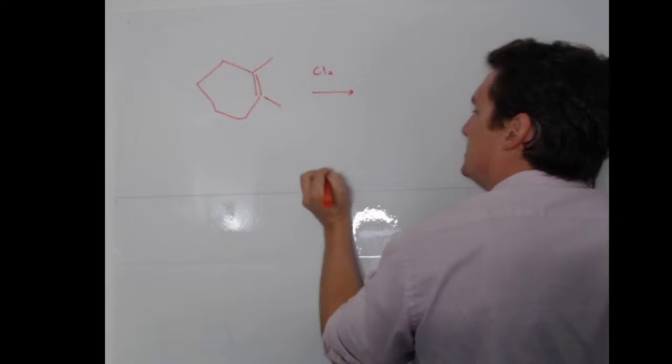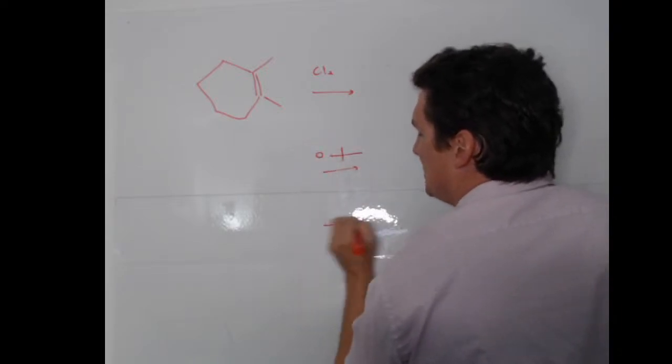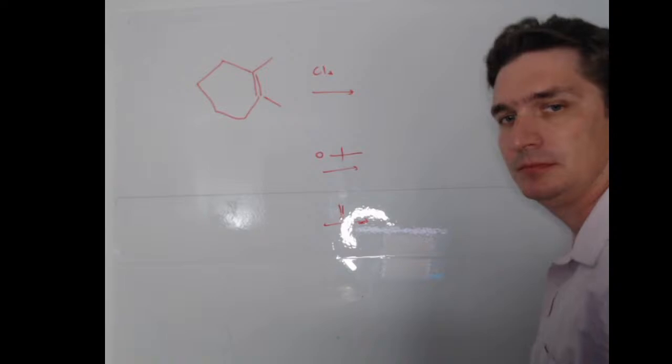The first step is chlorination, the second is elimination, and the third is Diels-Alder. And this is the first time in the question that they're seeing that so far.